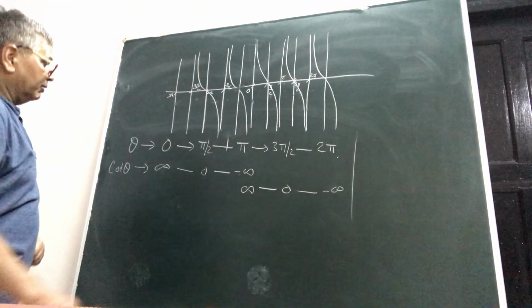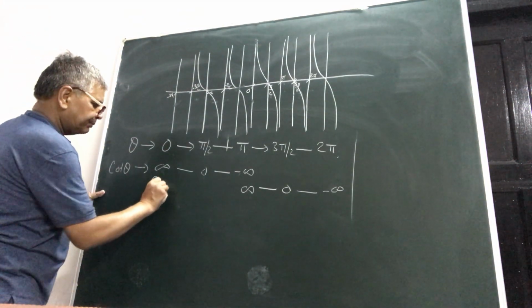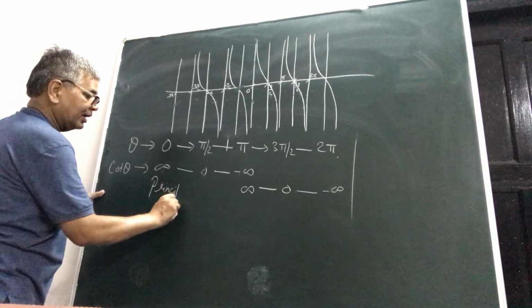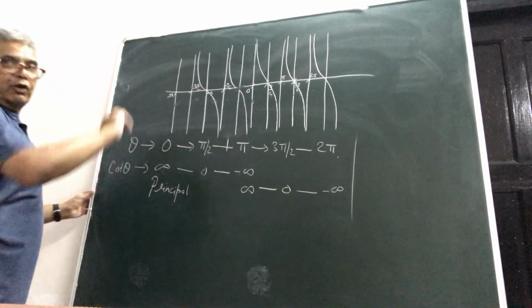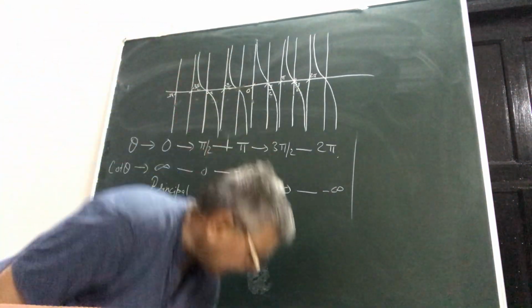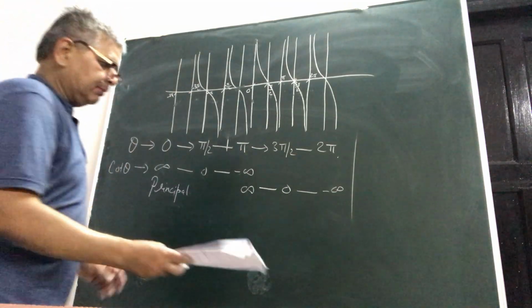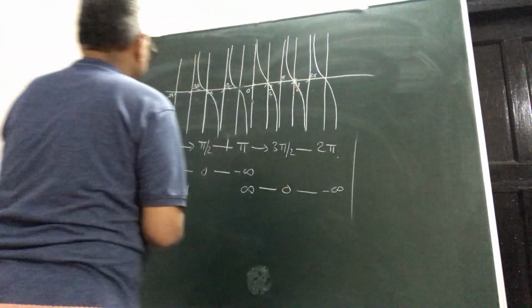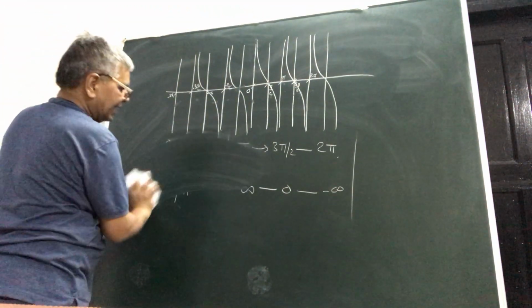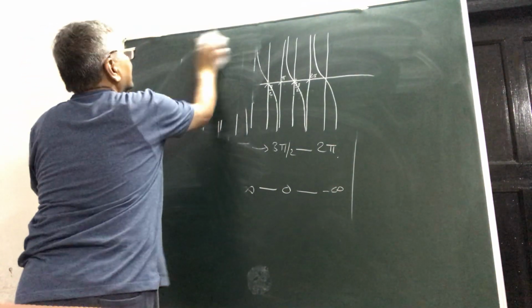Now remember what the principal branch is. Again, I said that you have to remember it very nicely. For all the 6 functions, we will be writing these principal branches, and you will have one day in between.